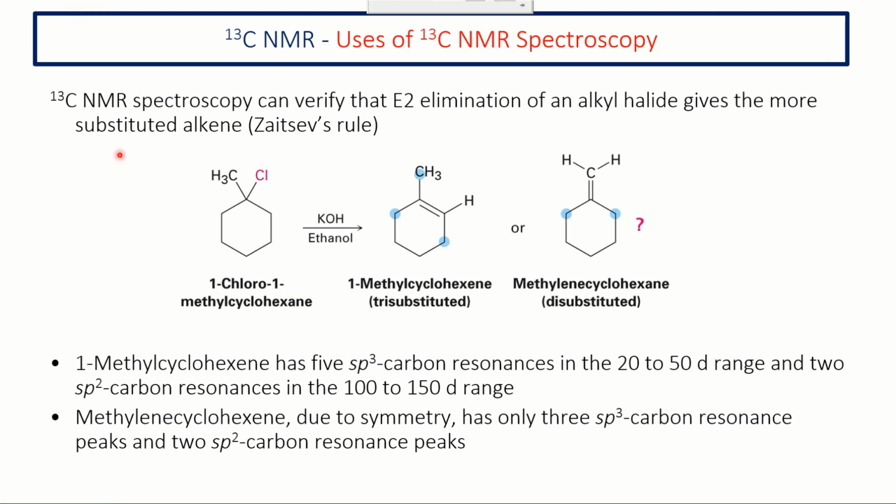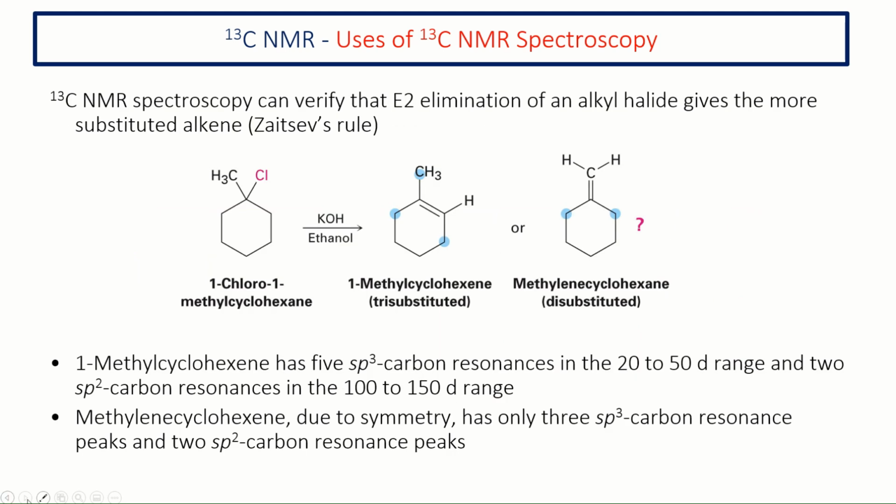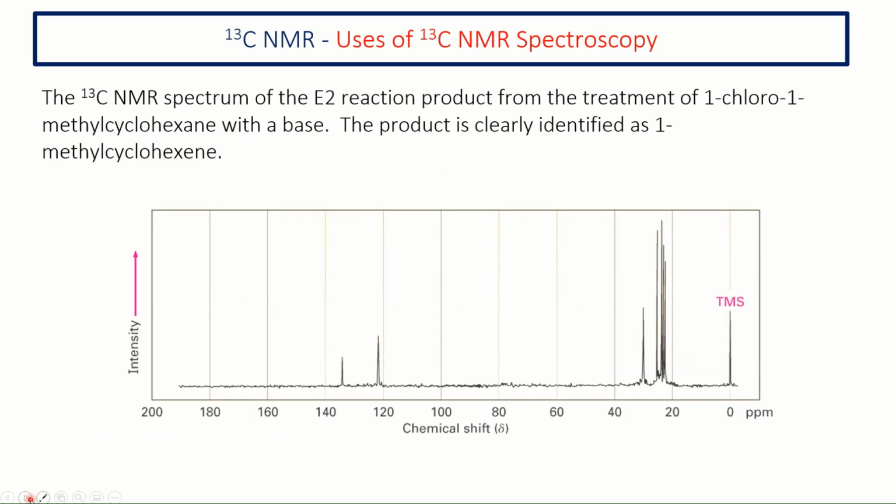We can note that when we look at the product from this, you can see immediately those two signals here, 120 and 140. You can count the number of signals as well, and you will see that our product is clearly identified as the methyl cyclohexene. Look carefully.